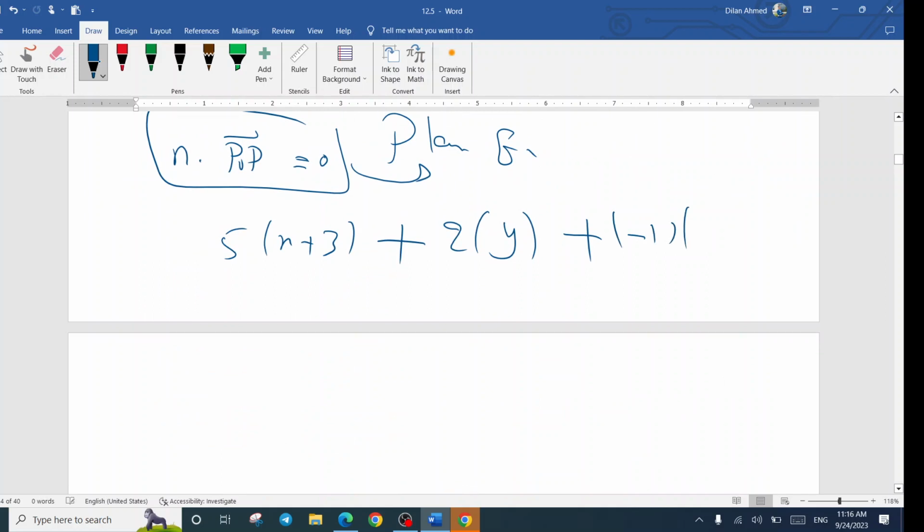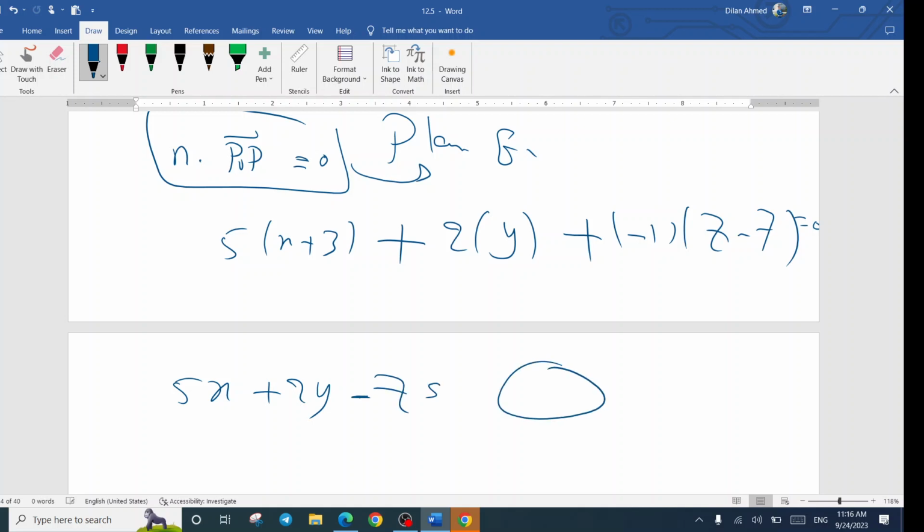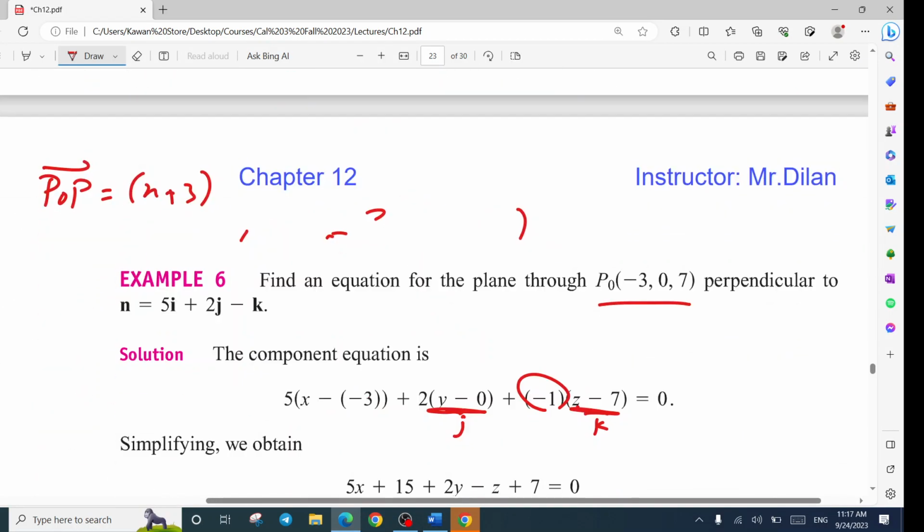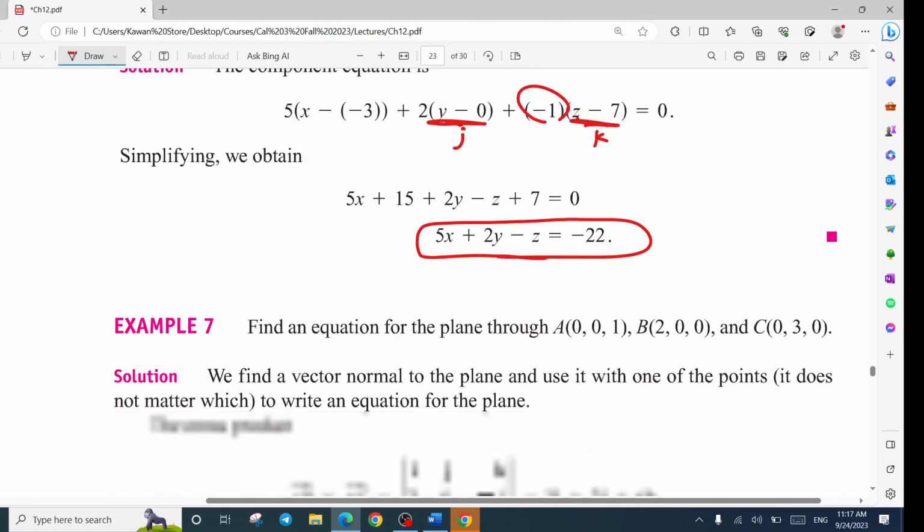Clear? And equal to 0, of course. Then 5 multiplied by x, I will get 5x, 2y minus z will be equal to some numbers. Clear? Now it's clear, dears? Hello? Good.